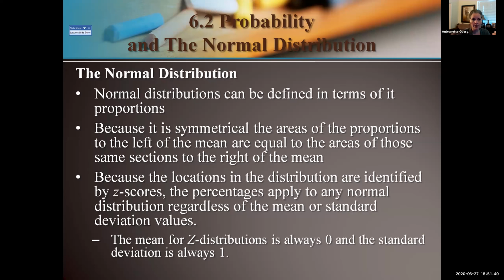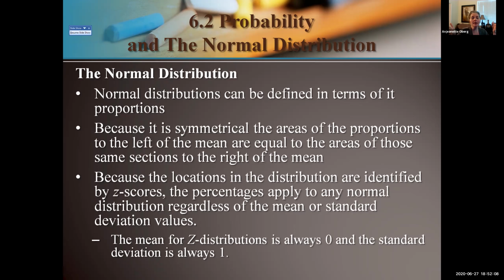And remember, the z-scores tell us the exact location of any given score in a data set. So because we can precisely pinpoint a probability of a specific location on that z distribution, each z-score has a corresponding probability. What is the probability of pulling that z-score?